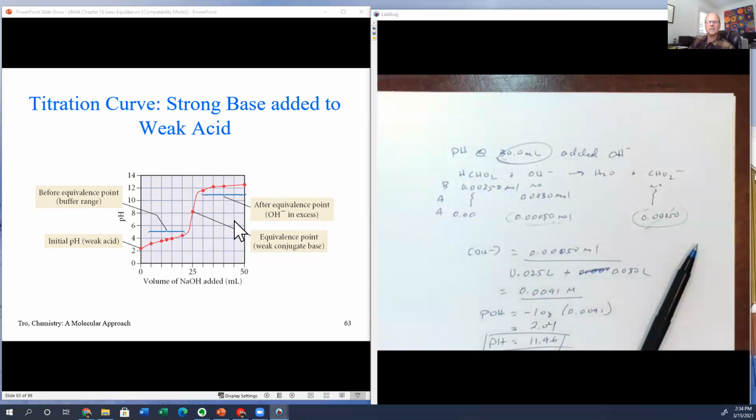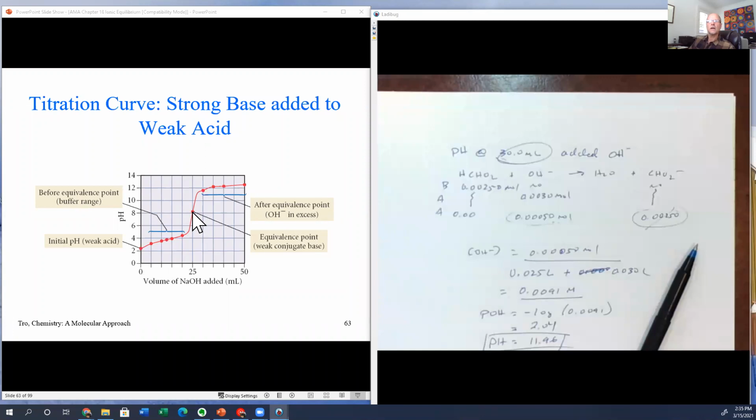Okay, so what's the secret to being able to do these kinds of problems? The secret is to identify where you are, know what kind of problem you're dealing with, right? And then know how to solve that kind of problem. That's the key. You've got to know initially, oh, it's a weak acid equilibrium problem. Oh, here it's a buffer problem.